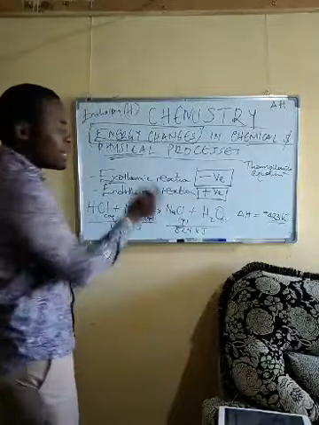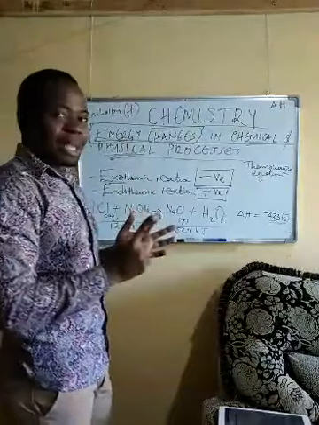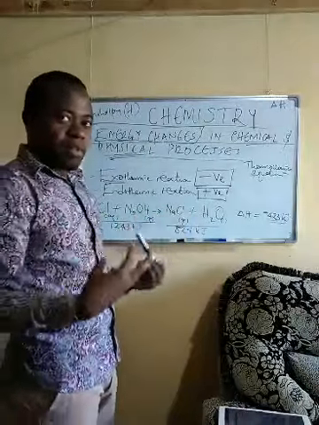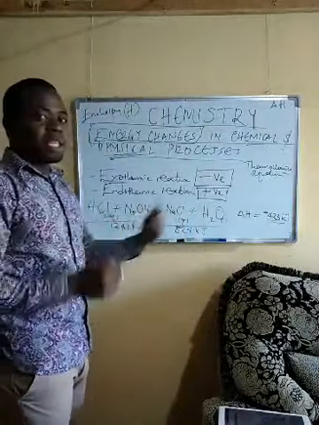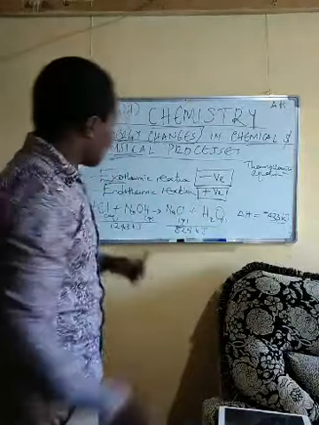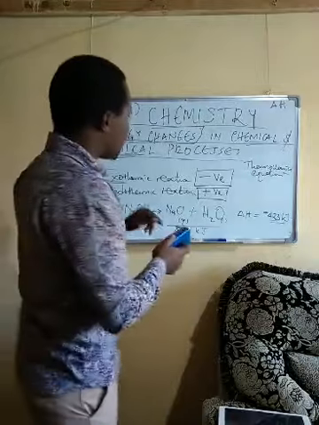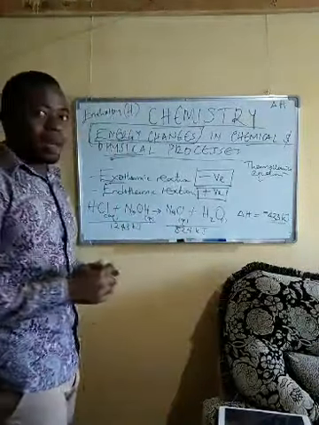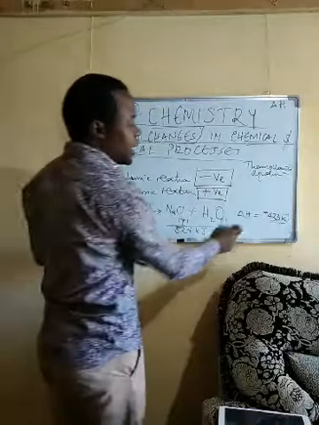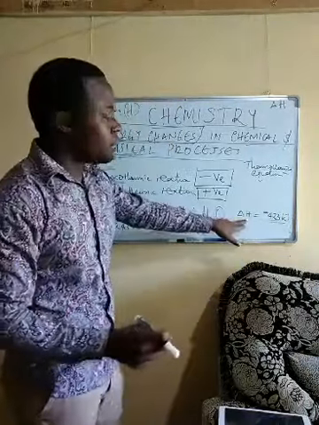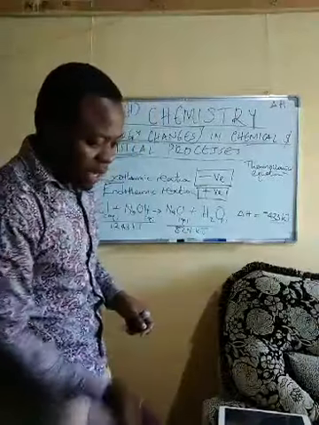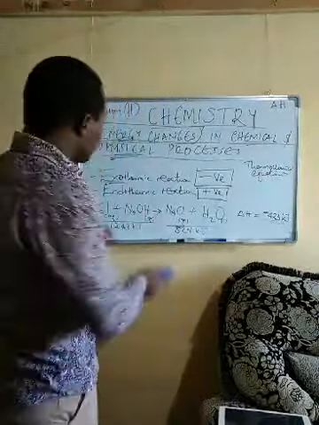For an endothermic reaction, heat is gained or energy is absorbed from the environment, and therefore that is a positive change. So that is it regarding enthalpy change. And as you can see, in equations, you can show enthalpy change by writing the enthalpy change alongside the equation in what we are calling a thermochemical equation.